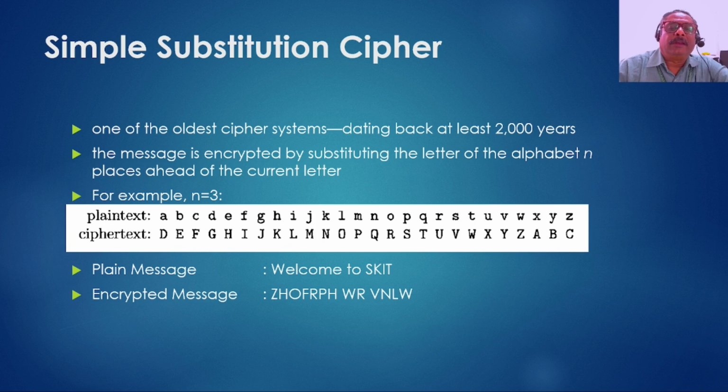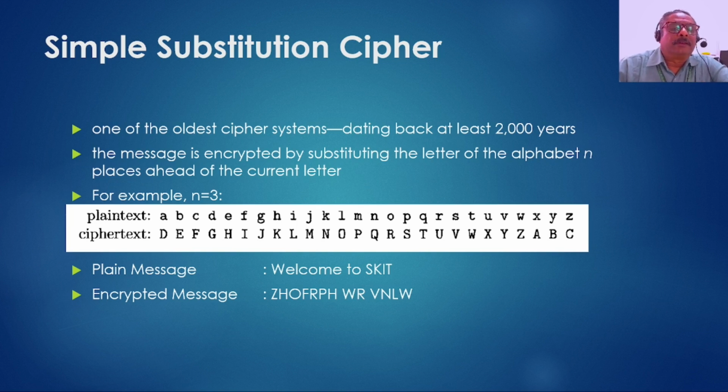where n is equal to 3, and at the other end we just transfer it back to the original text by changing the encrypted text back to the plain text in a reverse way.